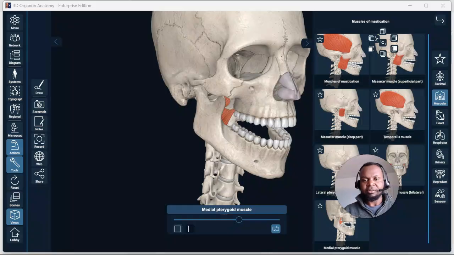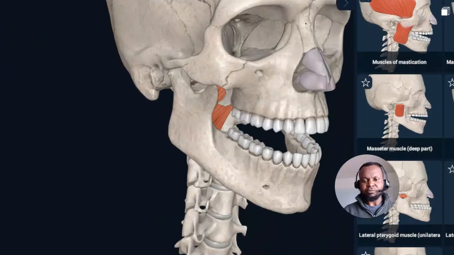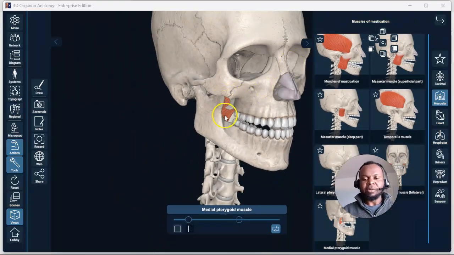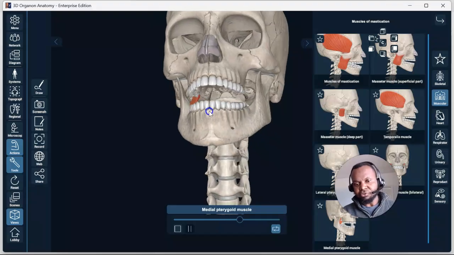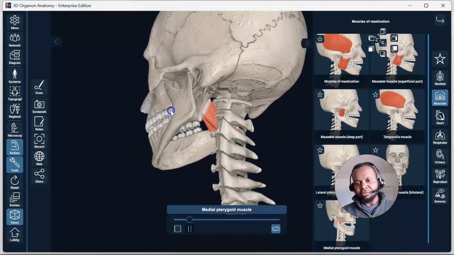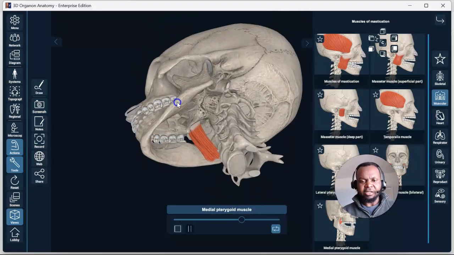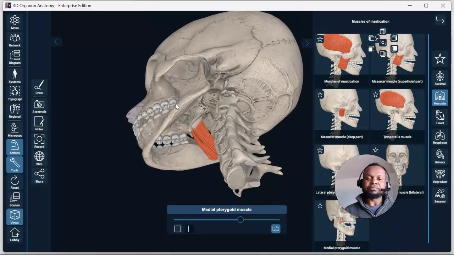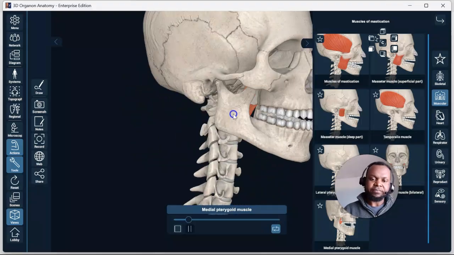Too close, way too close. This muscle right here is going to be right there. Perfect. You get a good angle right there. So the medial pterygoid muscle is housed right in this region.